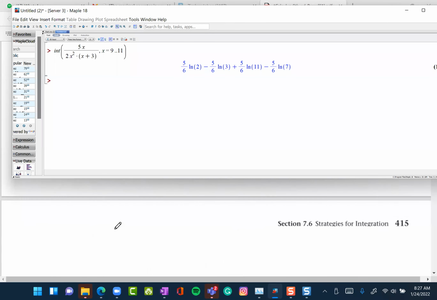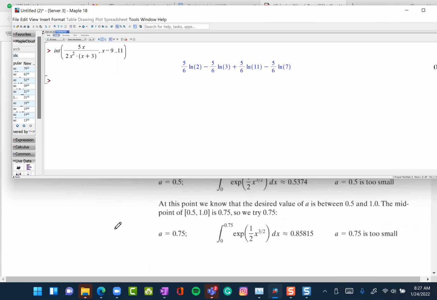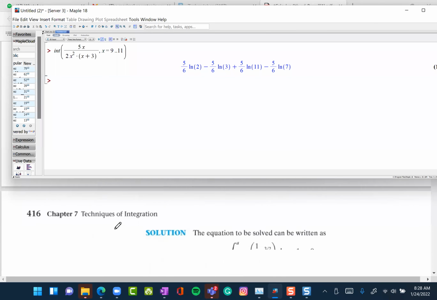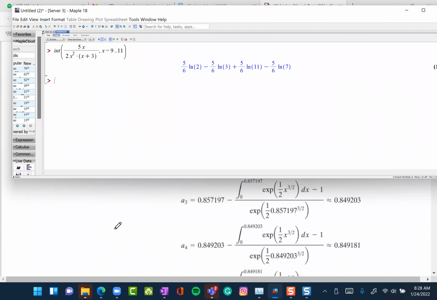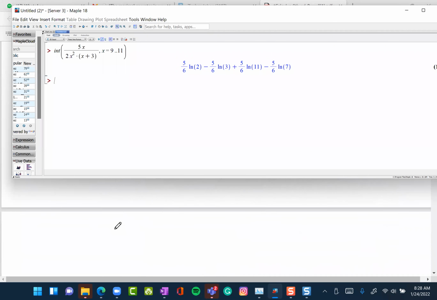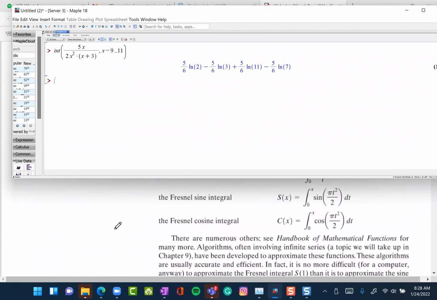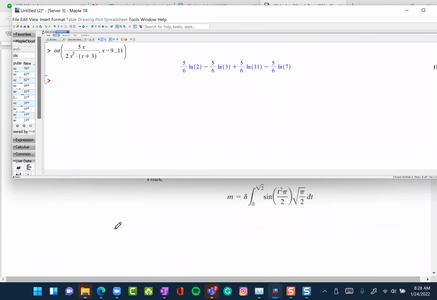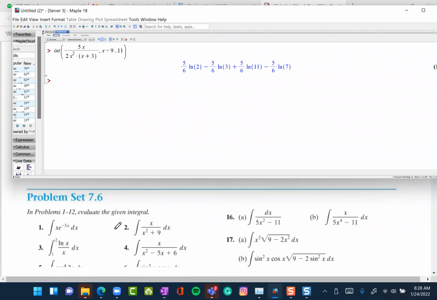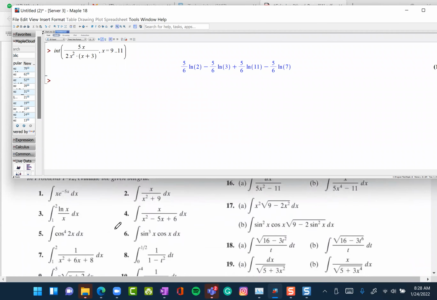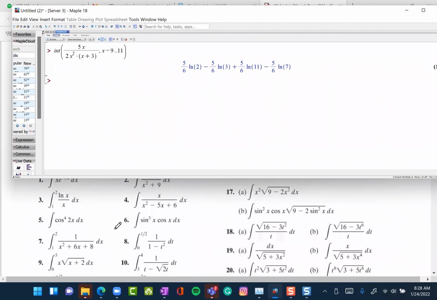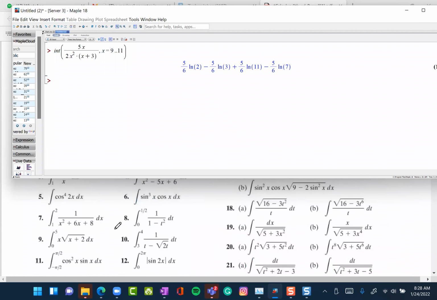What's the exercise? Right, for example, problem 10 here.